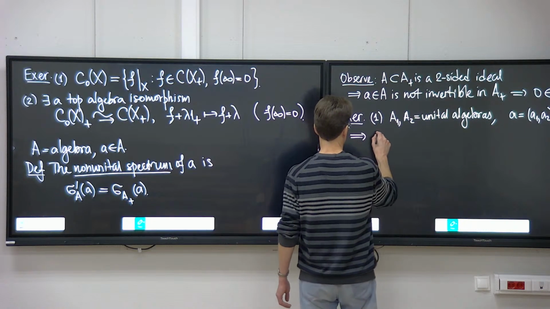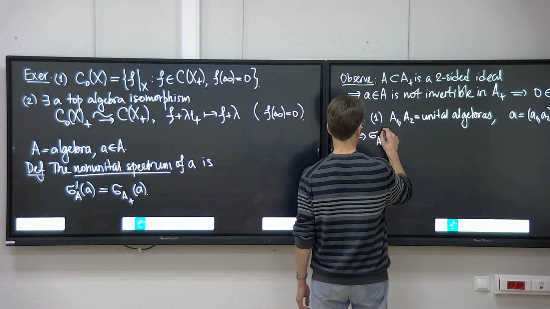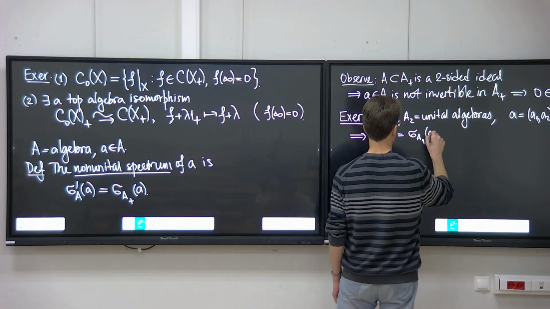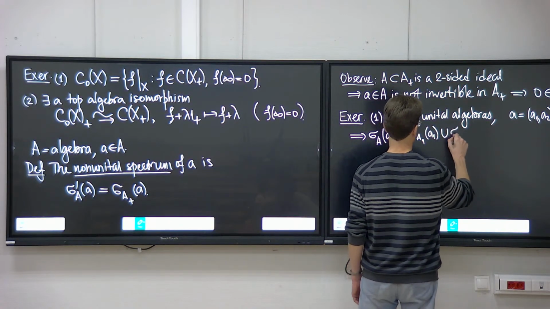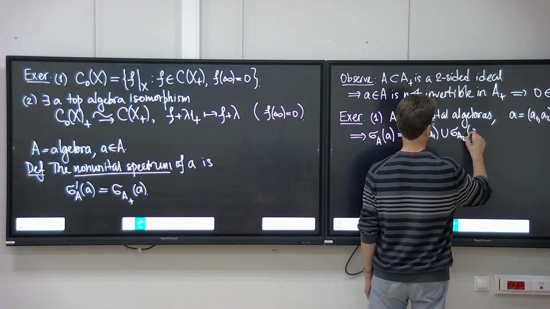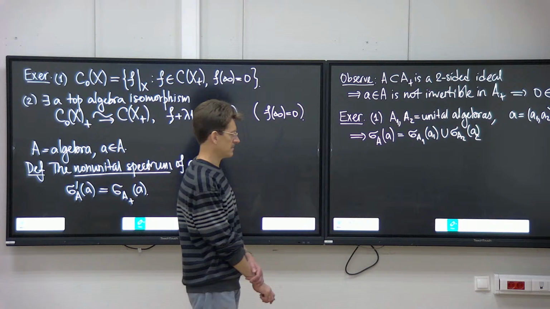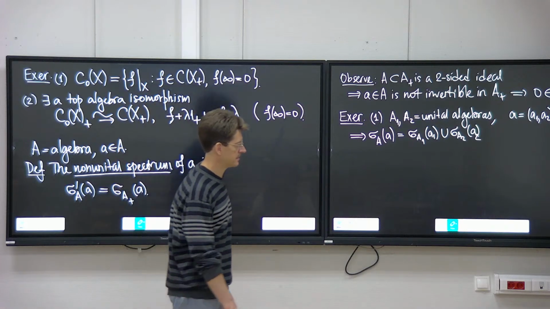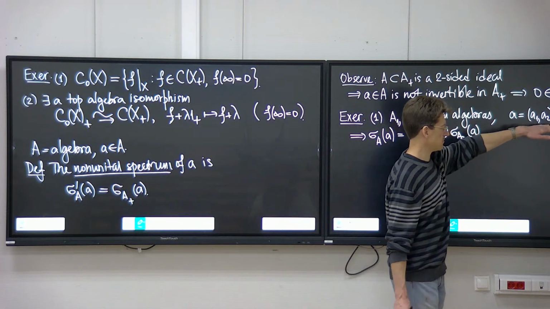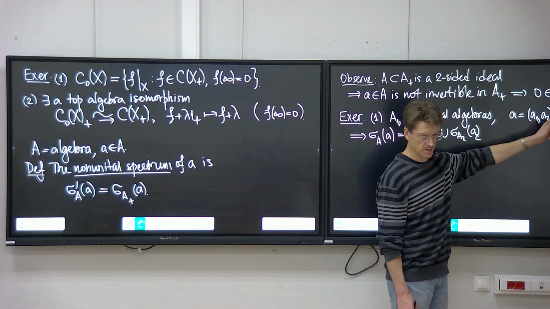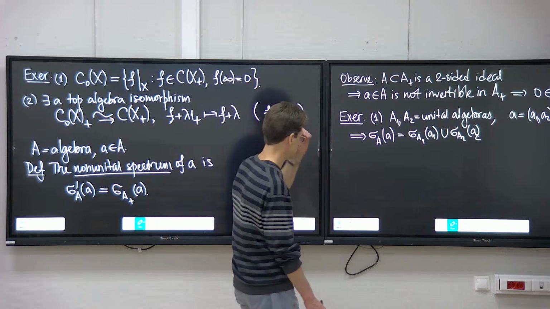Then the spectrum of a is just the union of the spectrum of A1 and the spectrum of A2. This is almost immediate from the fact that this element is invertible in the direct sum if and only if both A1 and A2 are invertible.